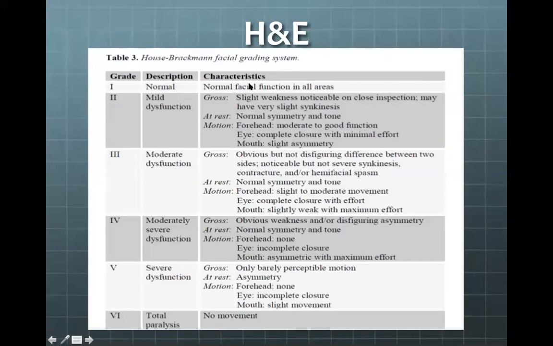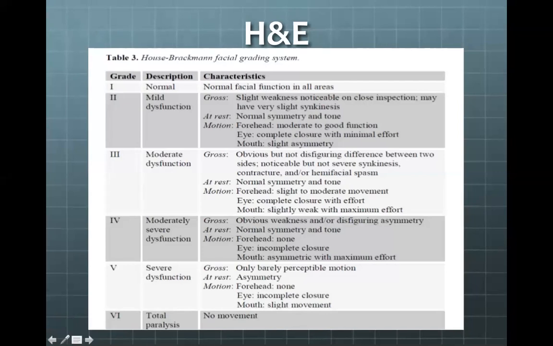There is normal facial function. This is grade 1. If there is only slight weakness while contracting the muscles, this is grade 2. If it is obvious but not disfiguring with normal symmetry, this is grade 3.